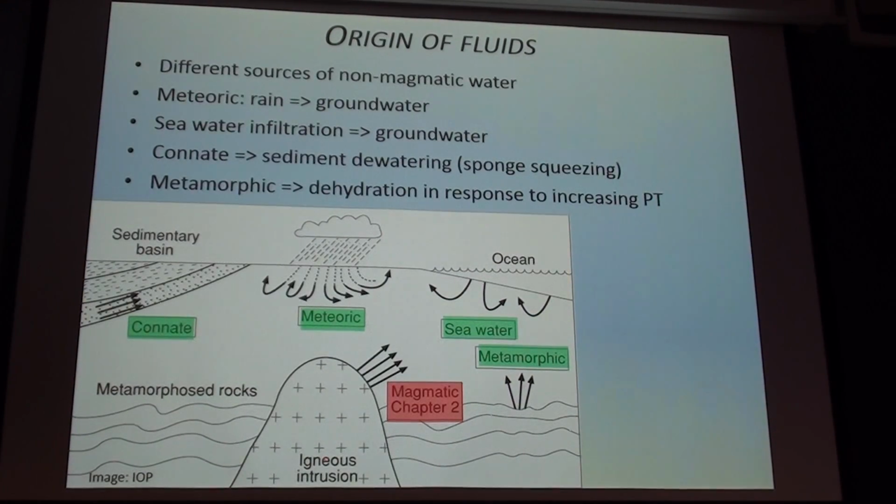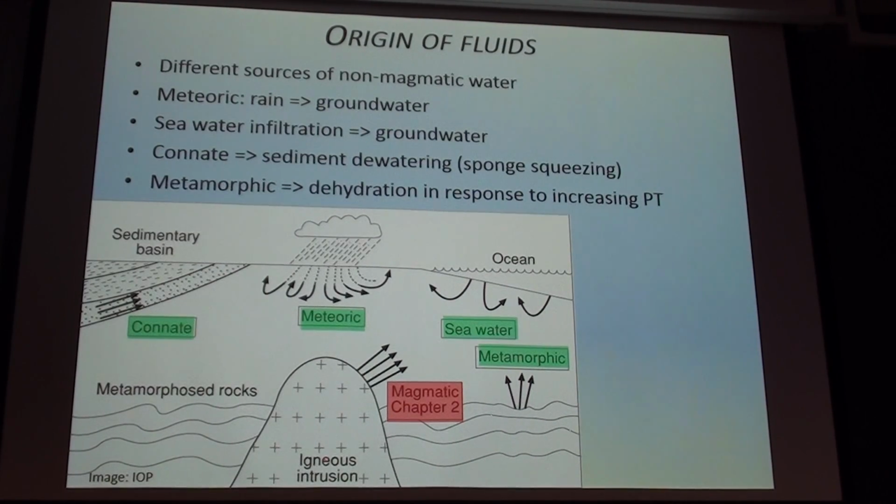So, the type of fluids. On Monday we looked at magmatic fluids. Today we will look at these other ones in green. Meteoric fluids, which is basically rain percolating into the ground. Seawater, which is the same but from the sea, percolating into the ground and becoming groundwater.